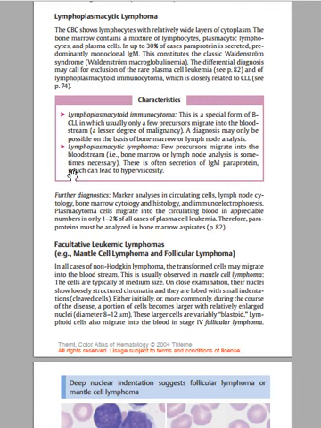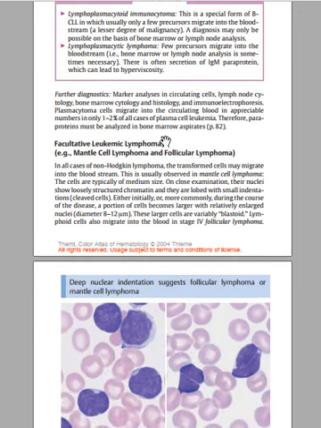The next one is lymphoplasmacytic lymphoma. In lymphoplasmacytic lymphoma, few precursors migrate into the bloodstream. Bone marrow or the lymph node analysis is sometimes necessary also, but here you need also immunoglobulin analysis.